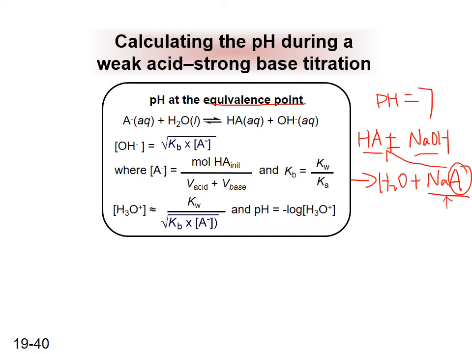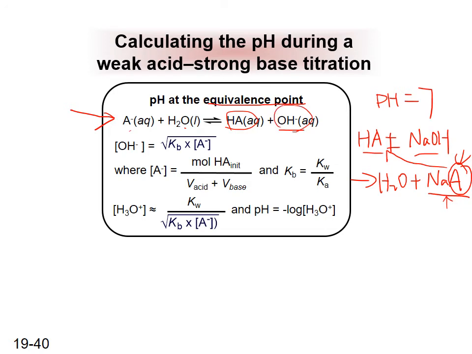Okay, pH is more than 7, and this is because the anion undergoes a hydrolysis reaction. It reacts with water to go back to the weak acid, and at the same time generates hydroxide, making the solution basic. So how do you calculate the hydroxide concentration in this weak basic solution?